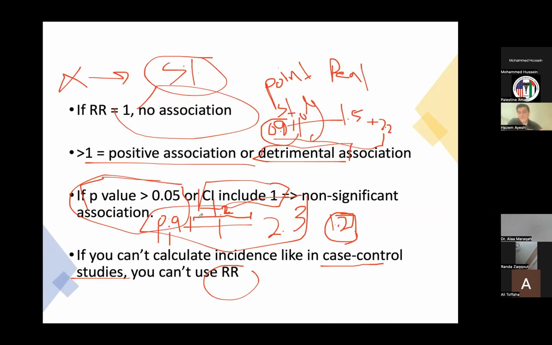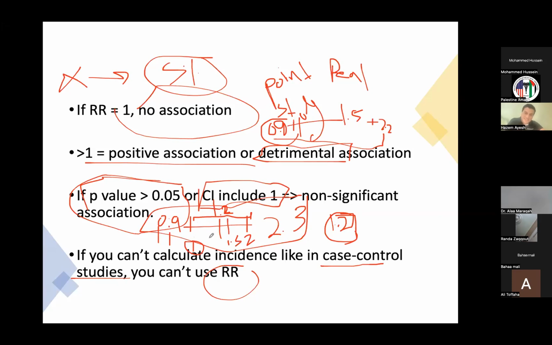So if the real value is between 0.9 and 2.3, that tells me that the real value can be 2, can be 1.5, and can also be 1. And 1, as we said earlier, means no association.